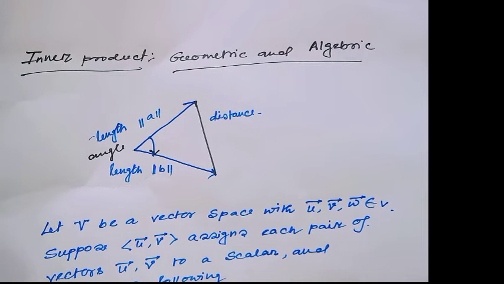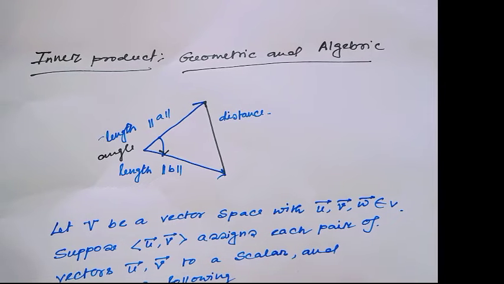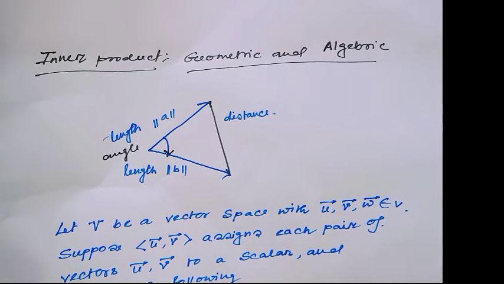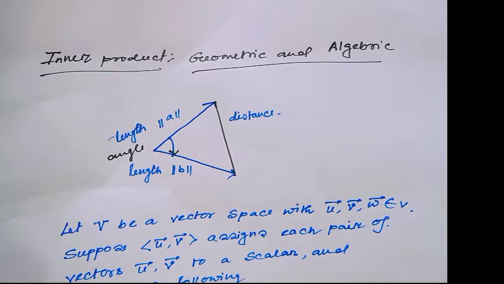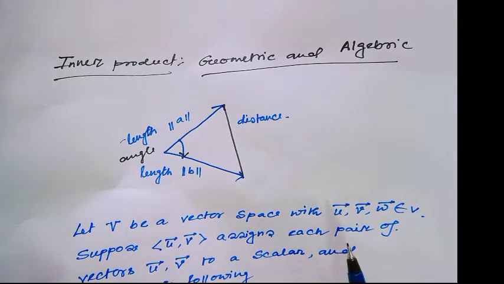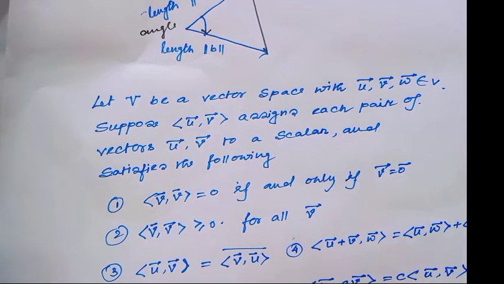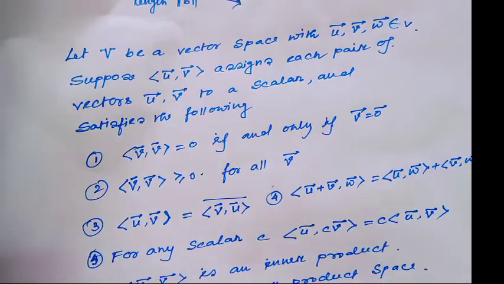In my earlier video, I discussed the inner product and its properties with examples. I saw that an inner product on a vector space is just an assignment of numbers to every pair of vectors which has certain properties.